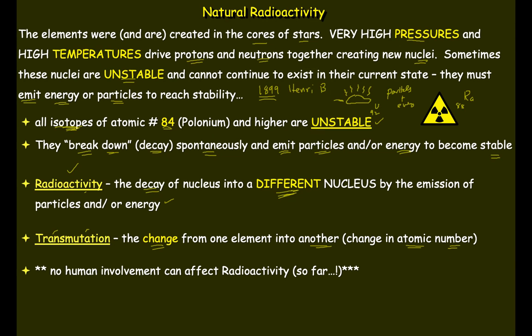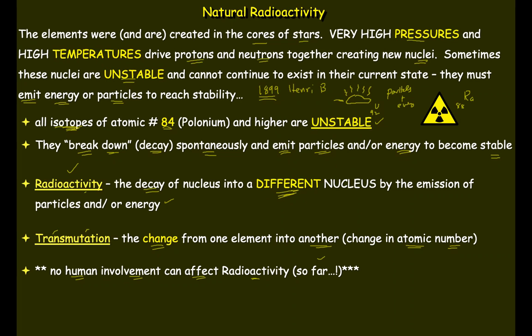Okay, and just to keep in mind that at this point in time, so far, and again, this is huge areas of research in this subject, at this point, no human involvement can really affect the radioactivity, which means we cannot stop this. So if polonium is radioactive and it's going to change and give off particles or energy, we can't go and stop it from doing this.